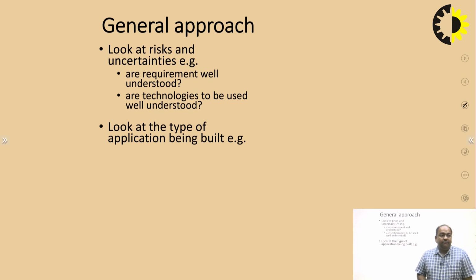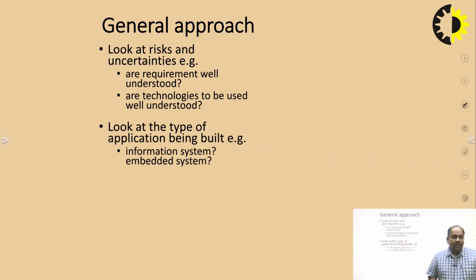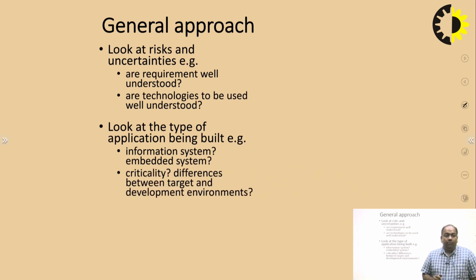We also have to look at the type of the application. The examples are information system and embedded system. What is the difference between them? The main difference is that an information system is based on data, and is used when we want to convey something to a user.